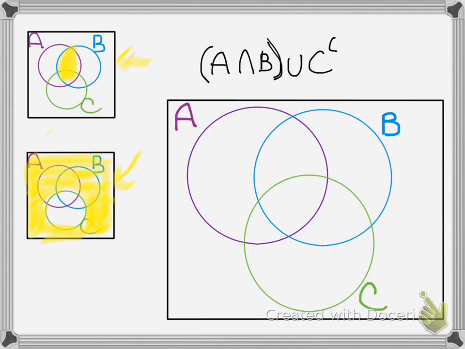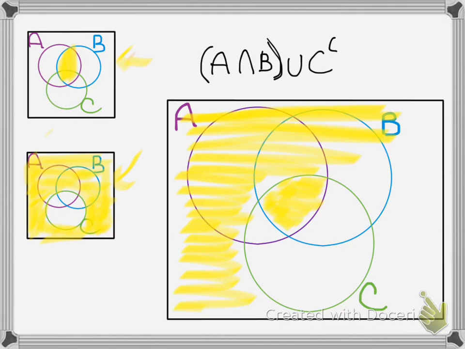So I wind up getting a little bit more than what I have in the complement of C. I gain that region where everything happens. So I am going to wind up with this region along with the complement of C. And so it does become kind of tricky. You've got to kind of reason things out, but you can do it.